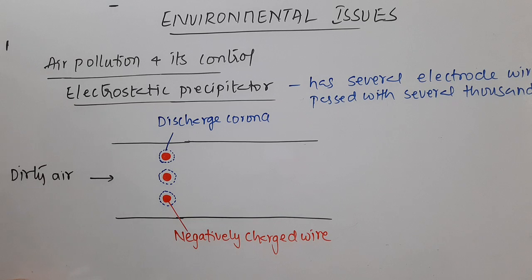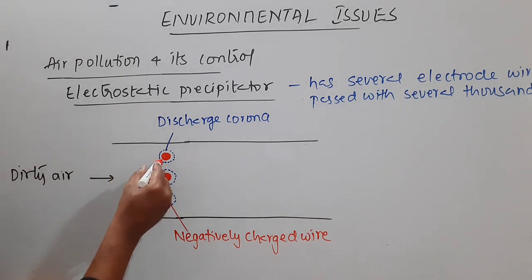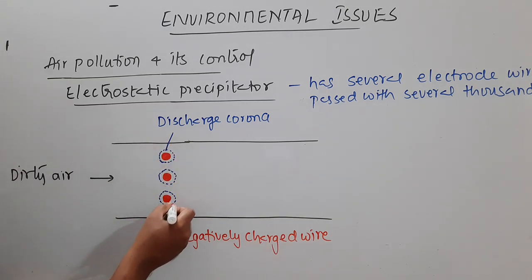Due to the passage of several thousand volts, it generated a corona around each wire, and now it is a negatively charged wire. So these are all the electrons that may be present around them, right?